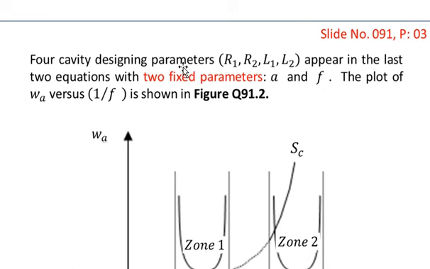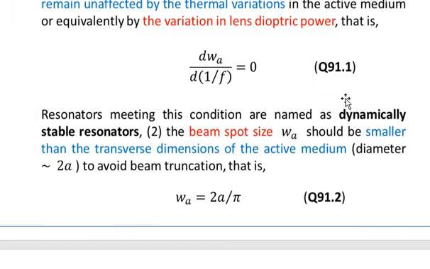Four cavity designing parameters R1, R2, L1, L2 appear in the last two equations with the two fixed parameters A and F. So you see that R1, R2, L1 and L2 appear in equations number 1 and 2 implicitly. Obviously they are not present, but if you represent WA, which is the beam waist, in terms of the parameters G1 and G2, this is what we have discussed in beam waist measurement of the laser resonators in one of the previous slides.